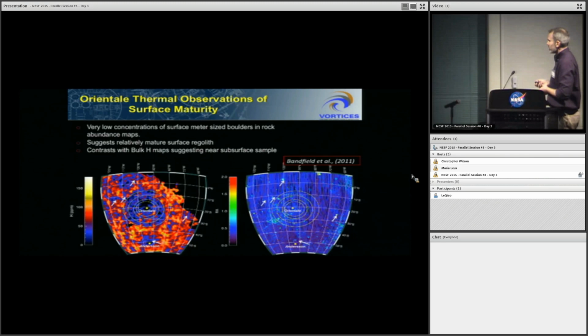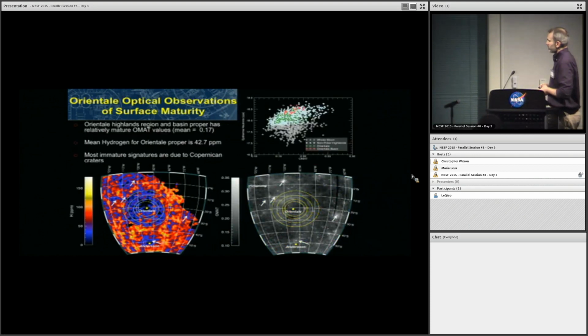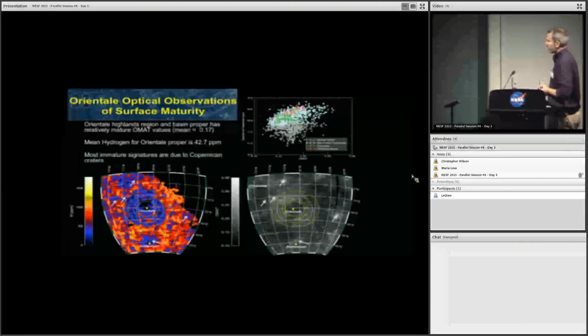My comparison is rock abundance maps. It's interesting because Orientale almost blends right in with the background with a few exceptions down here in the southwestern part. Relative to optical maturity, this is for context moving into radar next.